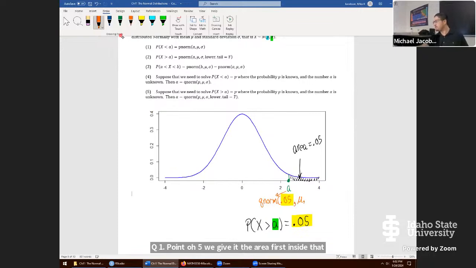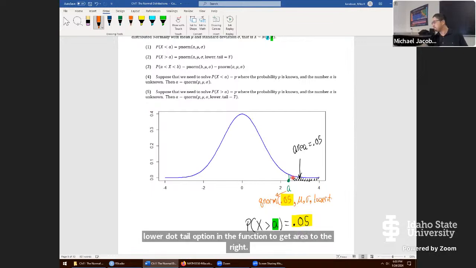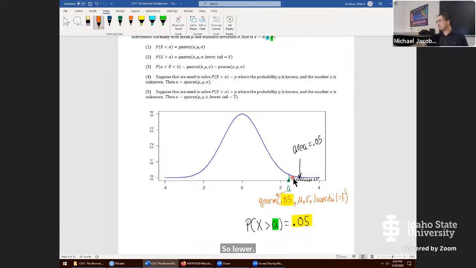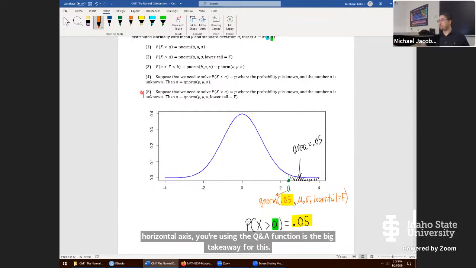Then whatever mu is, whatever sigma is. And then last thing, sometimes easy to miss, we have to control the lower dot tail option in the function to get area to the right. So lower dot tail is set false for that one. So if you have to find a value on the horizontal axis, you're using the Q-norm function is the big takeaway for this. And that's how part 5 is working on these notes.